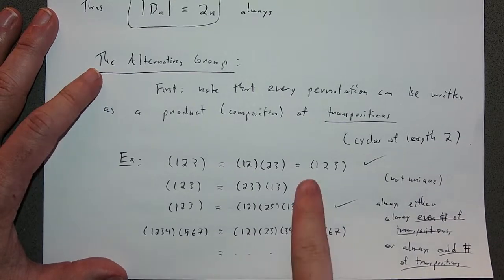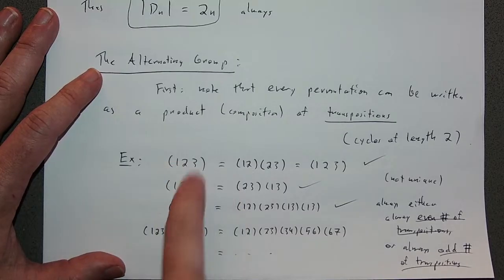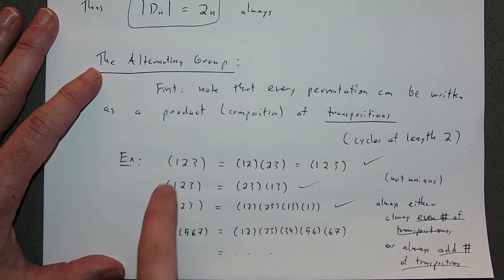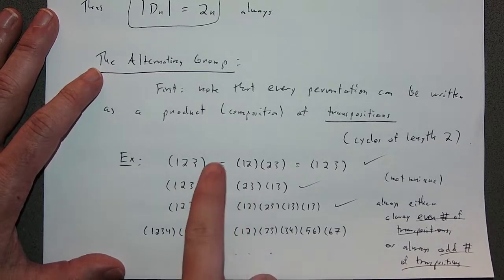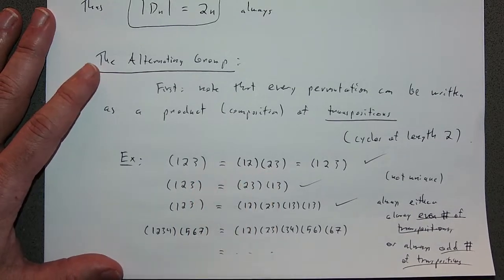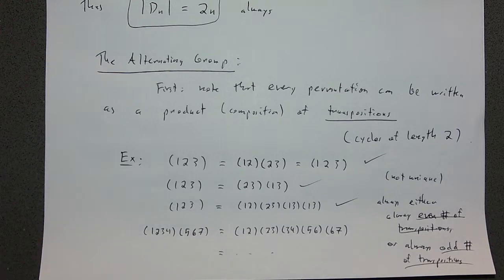So what I mean is that while it's not unique to decompose 1, 2, 3 as a product of this permutation as a product of transpositions, whether or not it splits into an even number of such transpositions is determined.